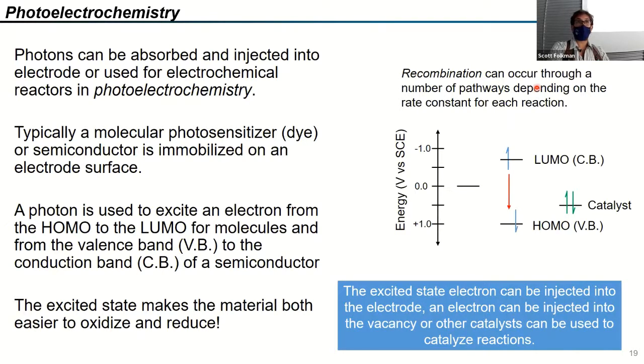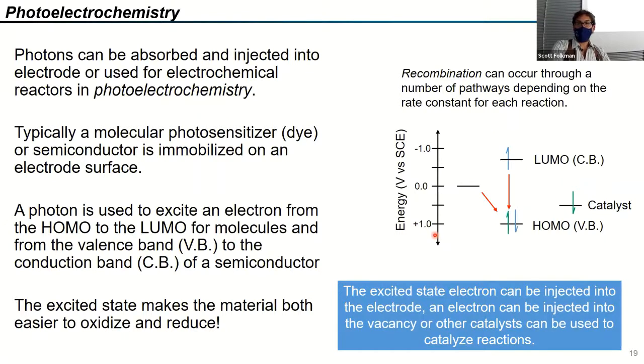The most simple one would be a relaxation, going from the LUMO back to the ground state, which is often why an electric field is applied on the electrode, because if we made this more positive, let's say more positive of the HOMO, for example, then there's a lot more driving force for this electron to transfer into the electrode rather than just simply recombine. Another potential pathway is actually an electron transferring from the electrode to the HOMO. Again, depending on applied potential. If we don't apply any potential, this is probably a very likely pathway.